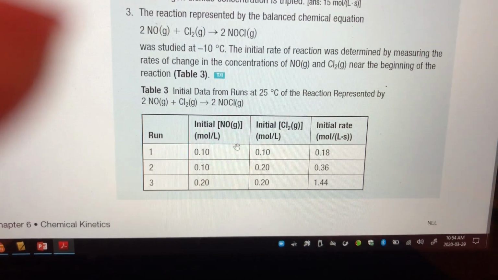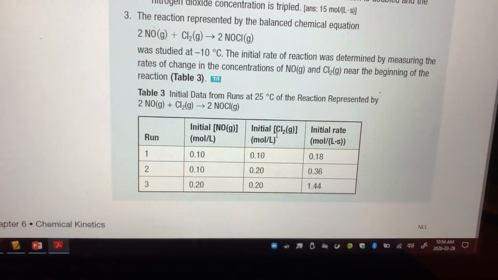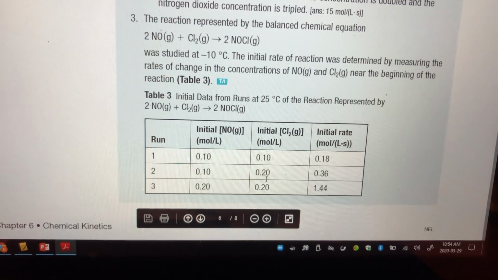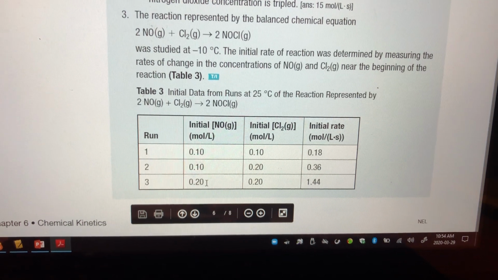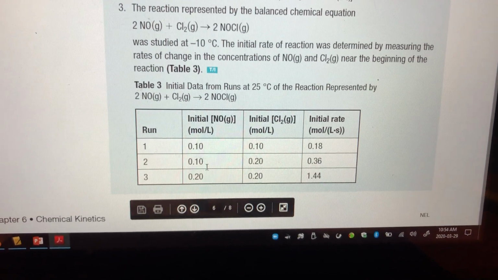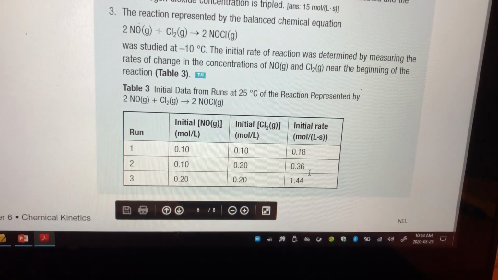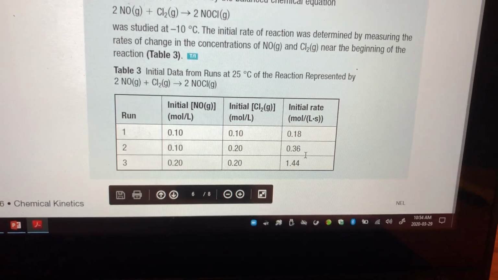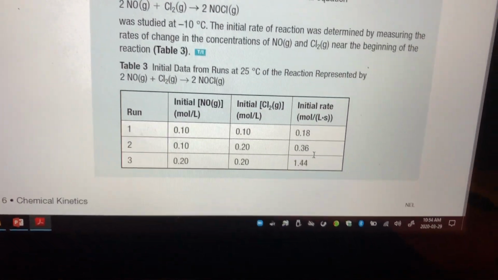Okay, so let's try NO now. So find the trials where Cl2 is constant. So that's trials 2 and 3. Okay, how is it changing for NO from 2 to 3? It's being multiplied by 2. And then here, what's happening? You take 1.44 divided by 0.36, and that's 4.